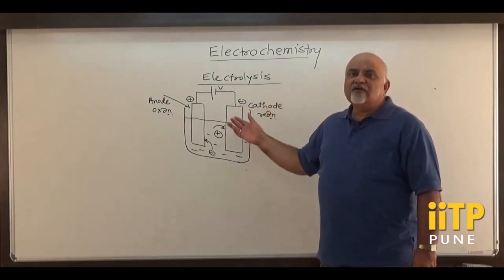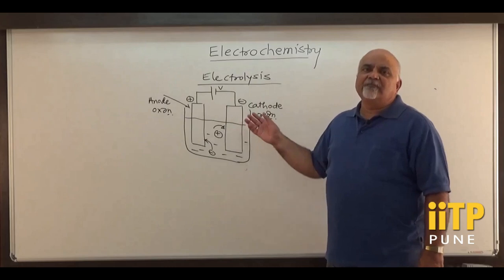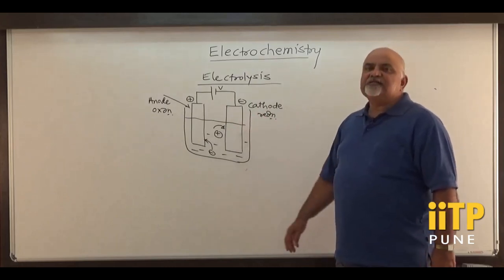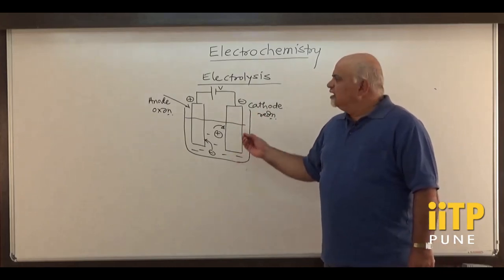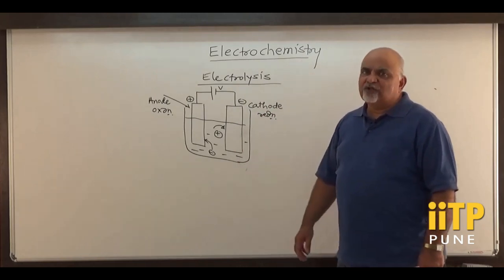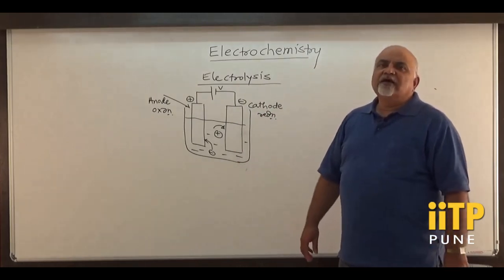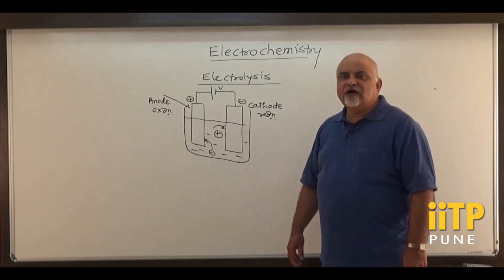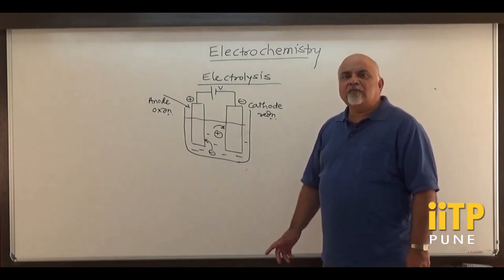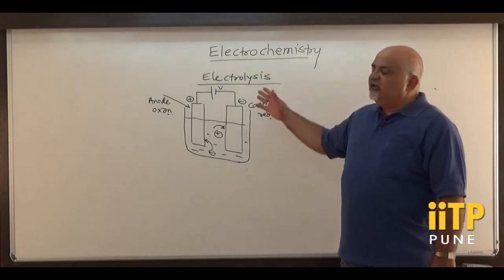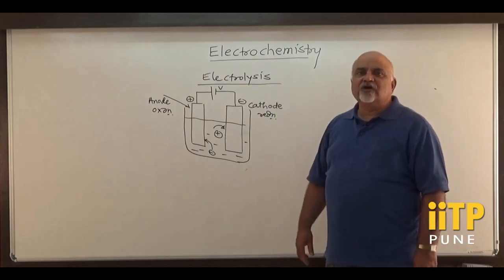Now regarding that, the question should come to our mind: where is it really applied? In real life, there are several examples of electrolysis. A simple example I can quote, known to everybody, is the plating of gold, silver, chrome on a normal metal. Electroplating is nothing but an application of electrolysis.